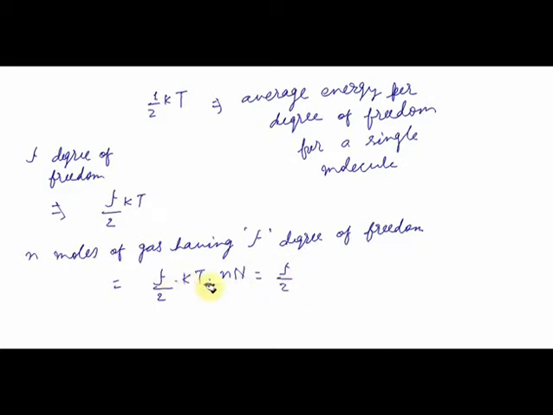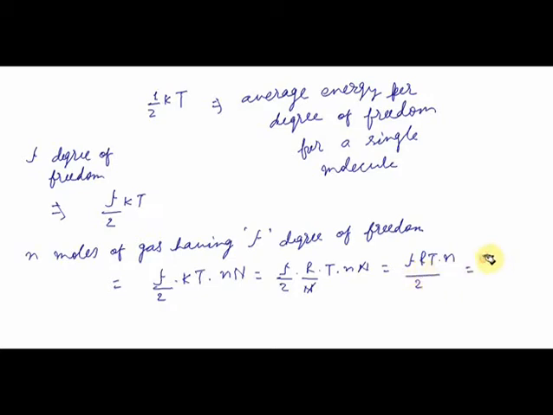So we know that the Boltzmann constant is nothing but R by N, where N is the Avogadro constant. So now we can cancel out the Avogadro constant. So we have fRT into n by 2.